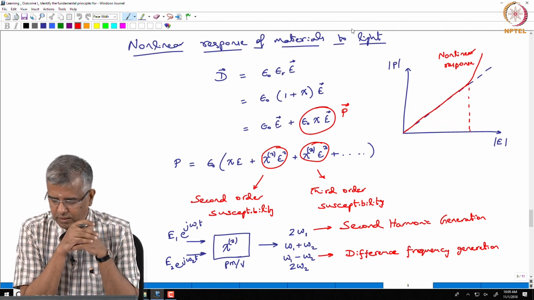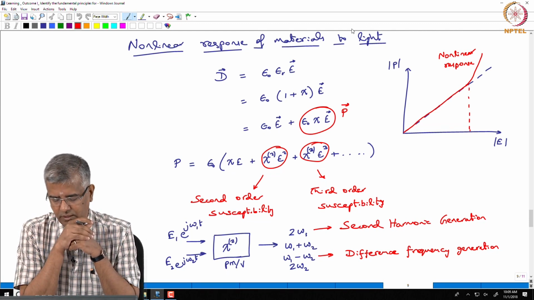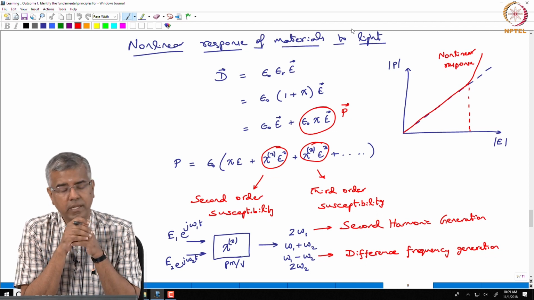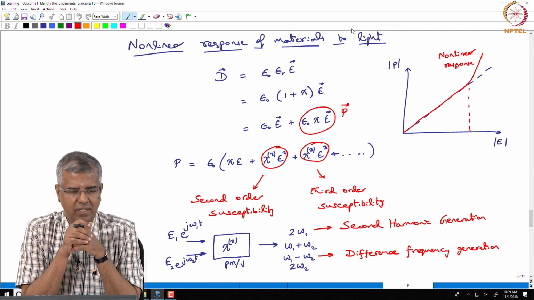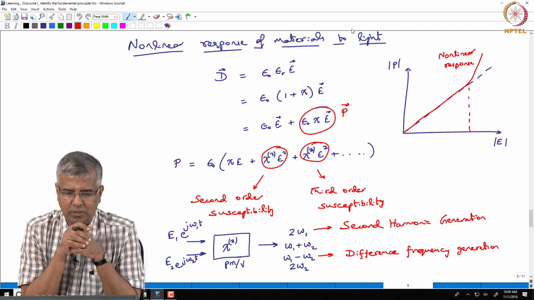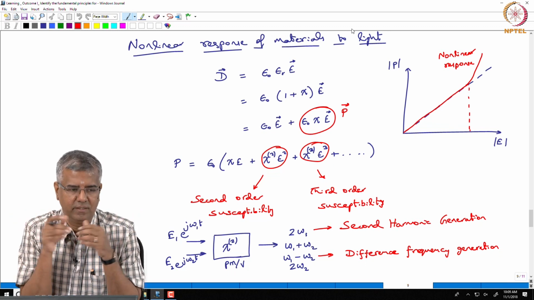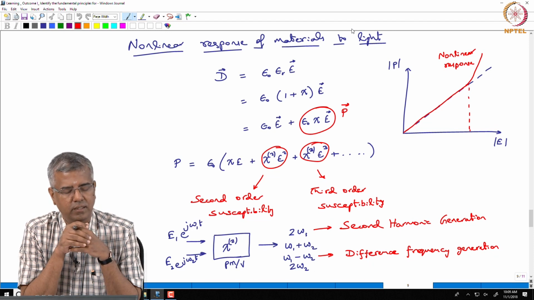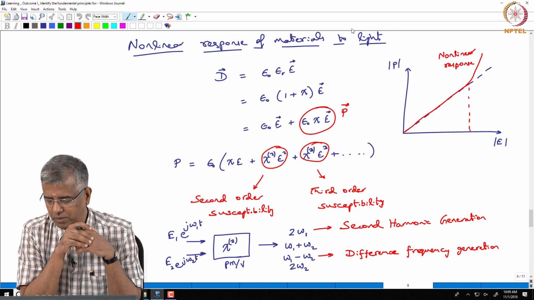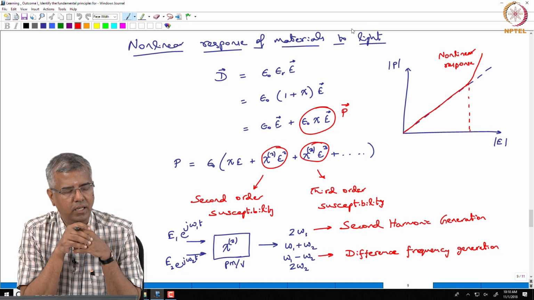So, we have been discussing this exciting topic of nonlinear optics, and I should do a disclaimer here. Nonlinear optics is an ocean. It's actually got a lot of deep physics involved in it, and a lot of nice concepts that evolve through that.